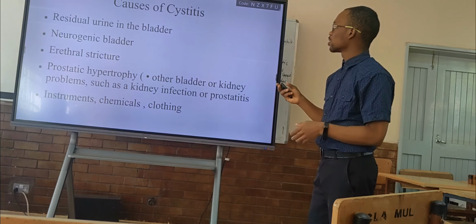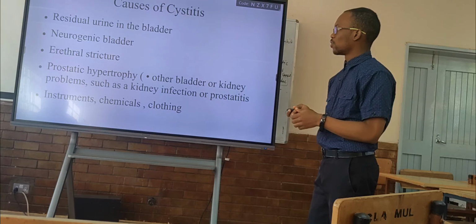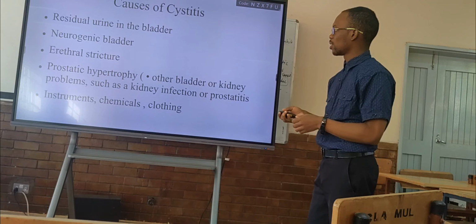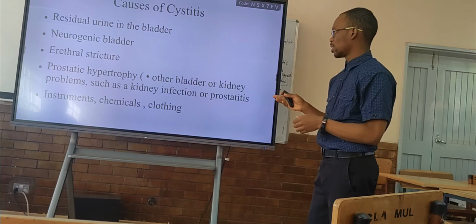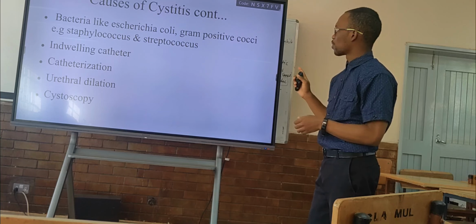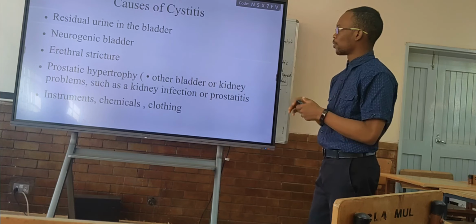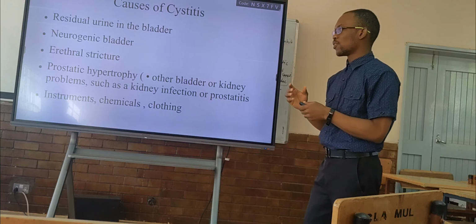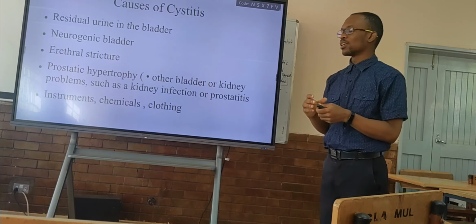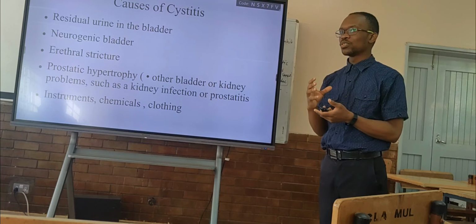Causes of cystitis. We have residual urine in the bladder, neurogenic bladder, urethral stricture, prostatic hypertrophy, instruments, chemicals, clothing, and bacteria like Escherichia coli and gram-positive cocci, with catheterization, urethral dilation, and cystoscopy. For residual urine in the bladder, the urine should not be more than 250 mils.